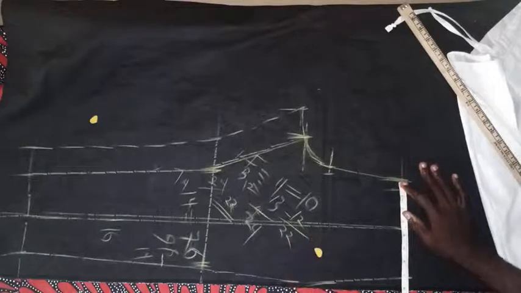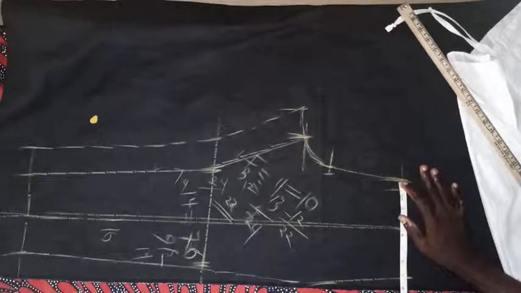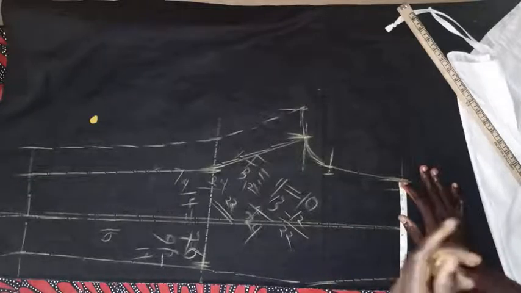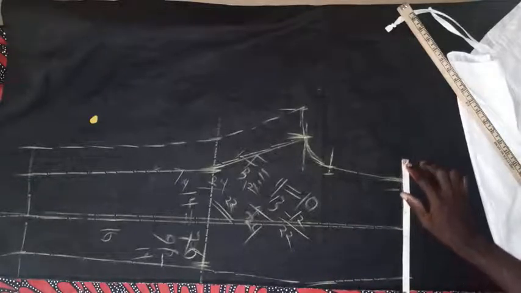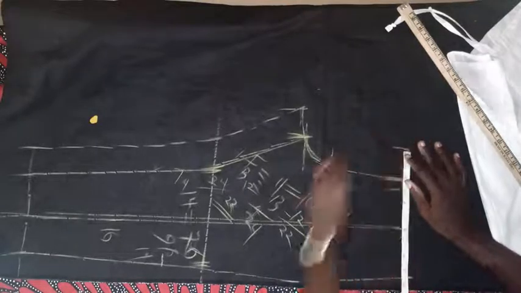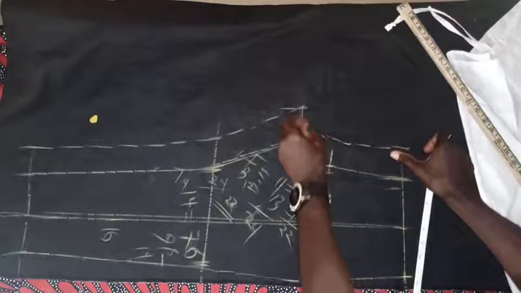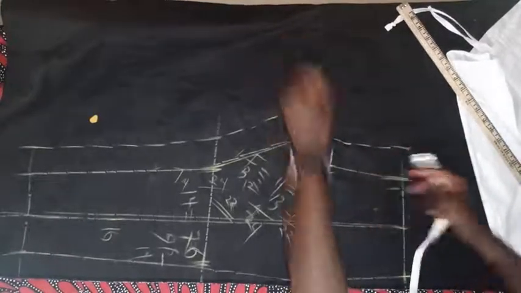When we come to the back piece, we are going to add 2 inches to this 7 inches, making 9 inches. So our back piece is coming with 2 inches, making it 9 inches.